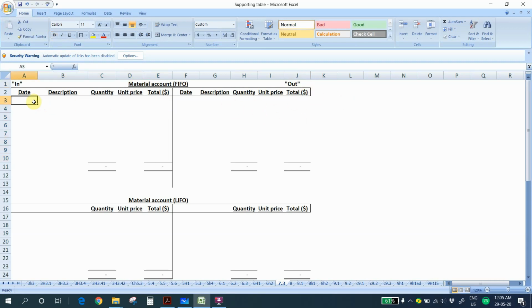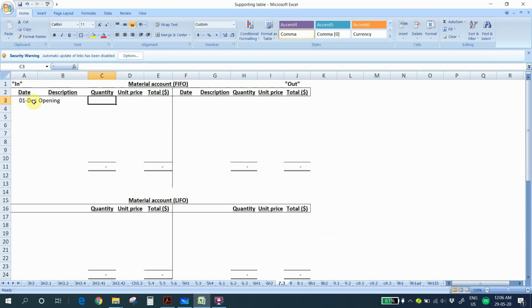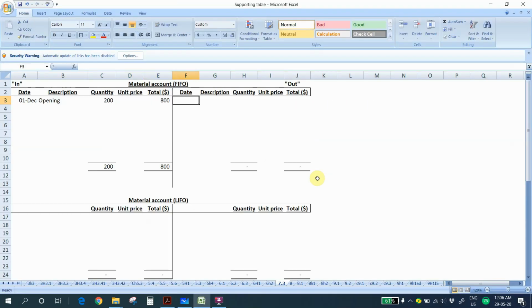So we start from the opening inventory, which is your December. So this is your opening stock. What is the quantity we have? We have 200 units. The total value is 800. From here, can we identify the unit price?